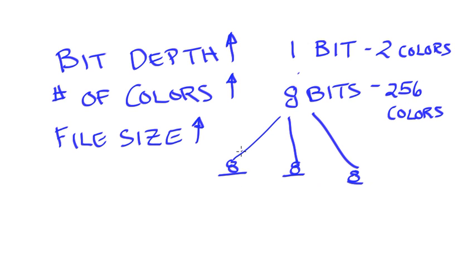If I had a photographic image that were color, everything else being the same, if that image were converted to grayscale, that image would be smaller in terms of file size. So there's this relationship. They're all proportional. As one increases, the other increases. As the bit depth increases, I get more colors. But the drawback is that I've got a larger file size. So that's bit depth.